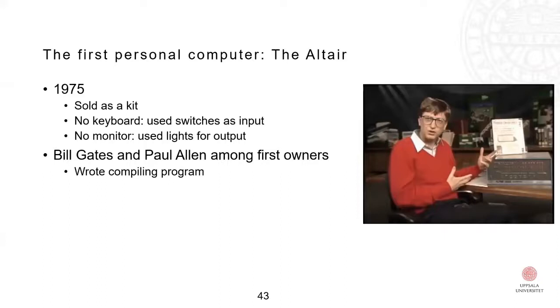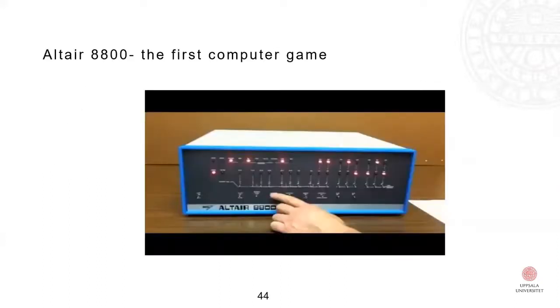A compiling program is a program that takes a program and translates it to the machine code that the computer understands. We will talk about it in our programming lecture. So you see here, this is the Altair 8800.